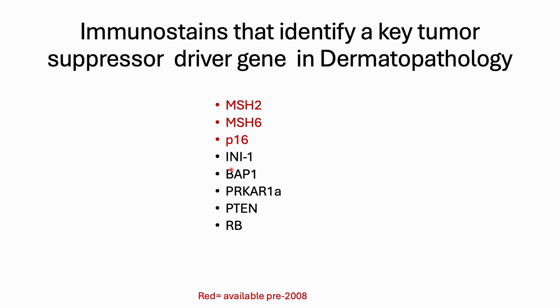We can use BAP1 loss for BAPoma and also malignant blue nevus. We can use PRKAR1A for superficial angiomyxoma, amongst other tumours. We can use PTEN for diagnosing Cowden syndrome. We can use RB1 loss for spindle cell lipomas, pleomorphic lipomas, and cellular angiofibromas.